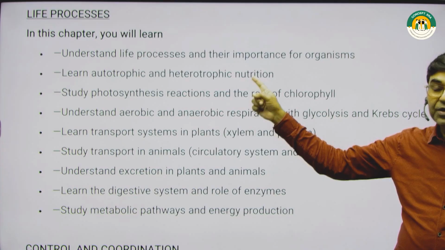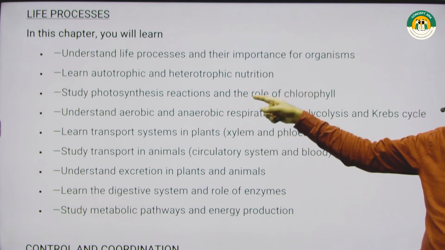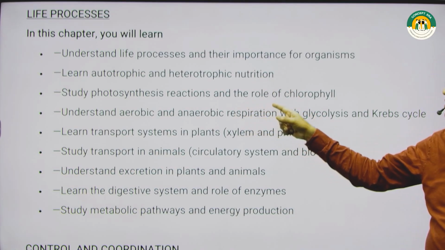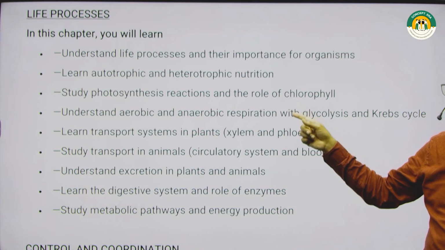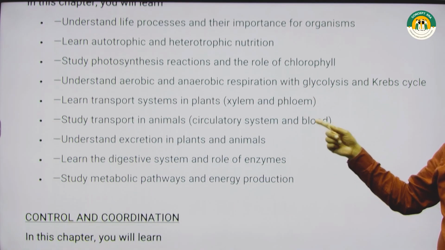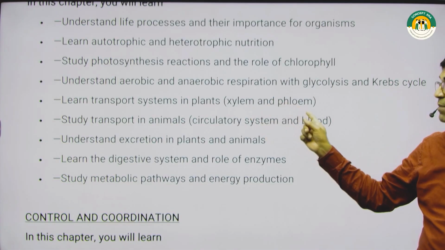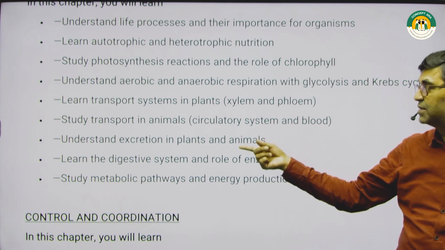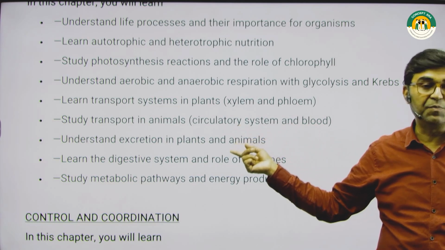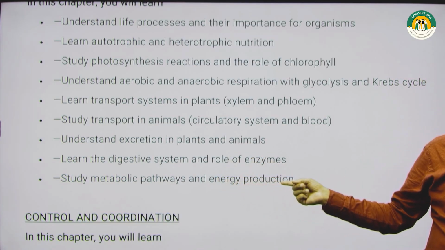You have to understand all of them in detail, like autotrophic and heterotrophic nutrition, important point, photosynthesis reactions and the role of chlorophyll in that, aerobic and anaerobic respiration, transportation in plants with regard to xylem and phloem, transportation in animals with regard to the circulatory system and blood, understand excretion in plants and animals, and metabolic pathways and energy production.